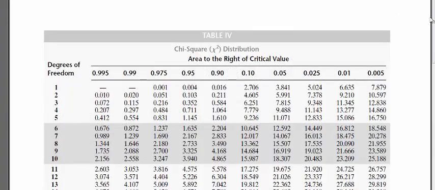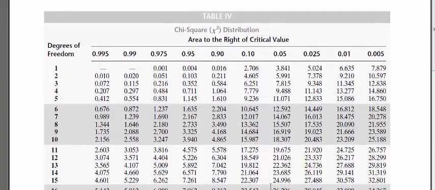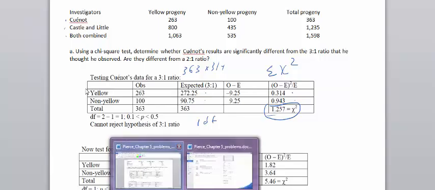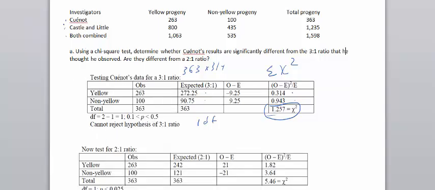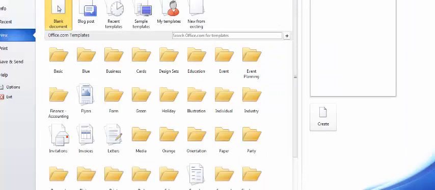Then we go to a chi-square table, and here let's just take part of it and pop it over to a new document over here. So it's just a little chi-square table.